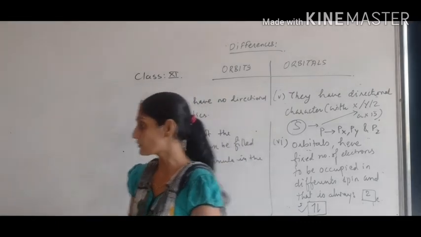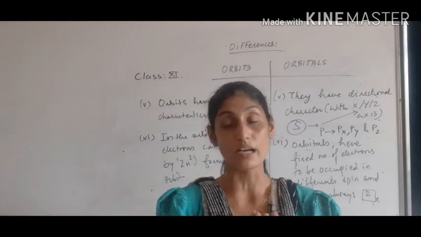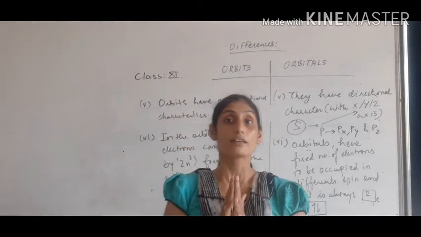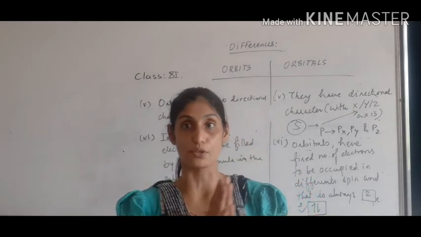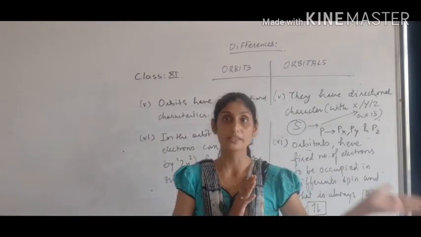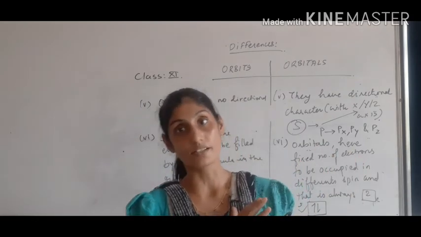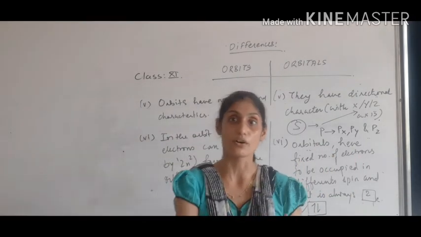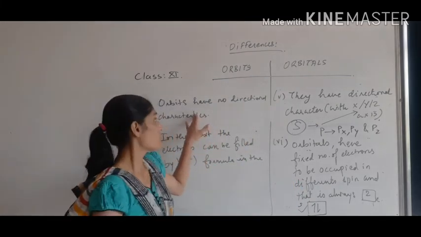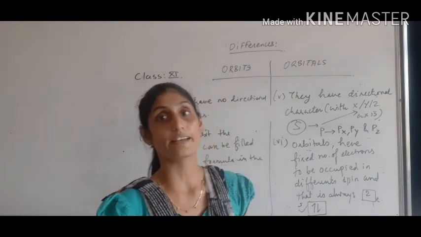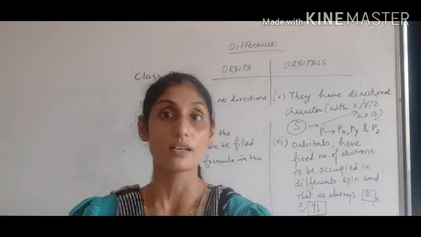Now the fourth point, children: orbits are not in accordance with the uncertainty principle as well as the wave function for the electrons, whereas orbitals, yes, are in accordance with the uncertainty principle as well as the wave function for any kind of electrons. Then the fifth point which we already wrote: orbits do not have any directional characteristic. Orbitals have directional characteristic except s orbital.